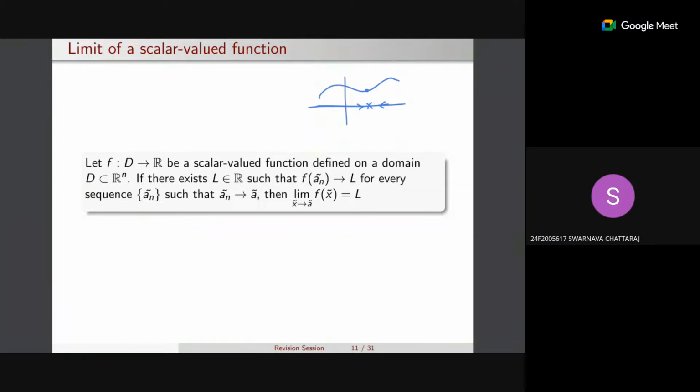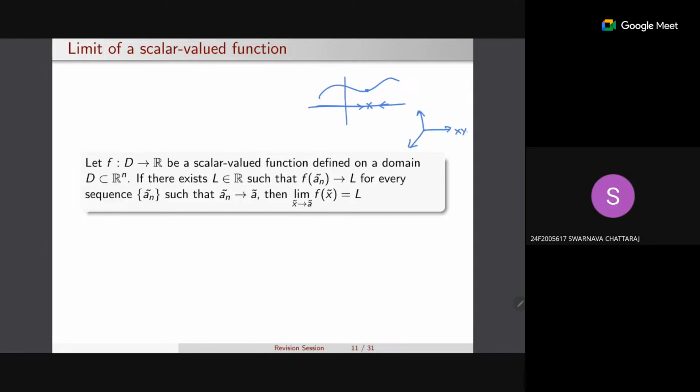Yeah, no problem. So here, in the one variable case, you have really only one direction to vary along. So you just look at the right-hand limit and left-hand limit. If both are equal, then you say the limit exists. In the case of infinity it's a little different, but that's not relevant here. But in the case of, say, a two-variable function, the graph looks like this.